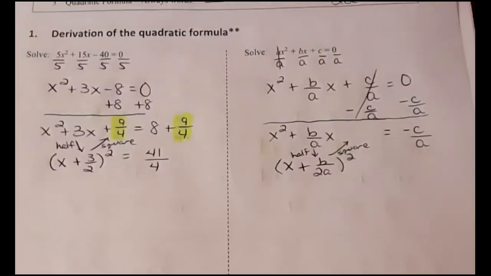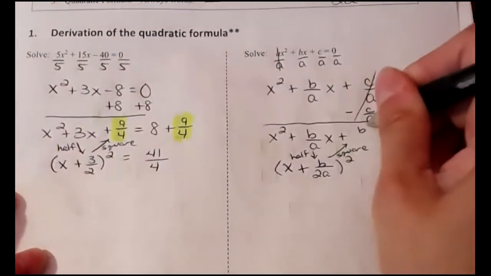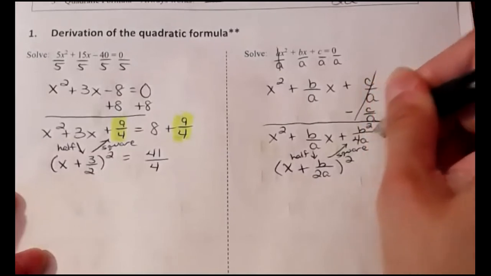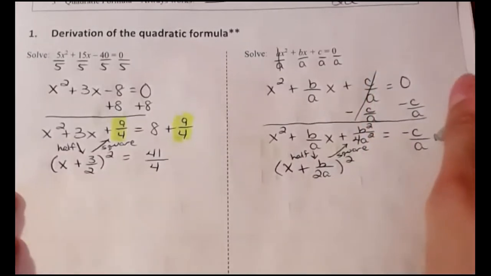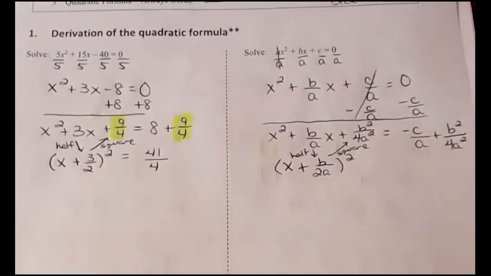So we've got b over 2a, and we're going to square this quantity, and that leaves us with plus b squared over 4a squared. Now what you add to one side, you must add to the other. So b squared over 4a squared.